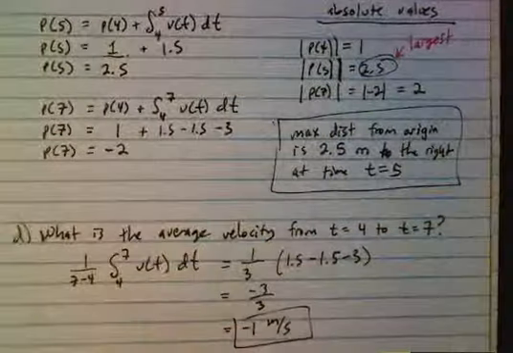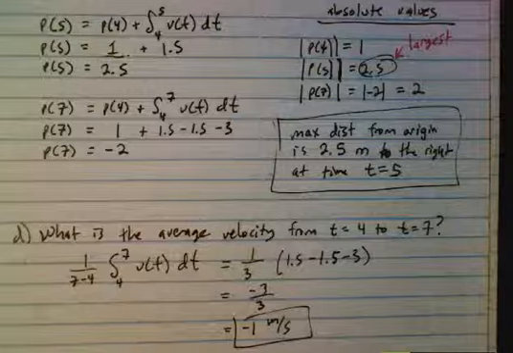This same sort of thing can be done with an equation. So let's take a look at that. So let's say v of t is t squared minus 4.